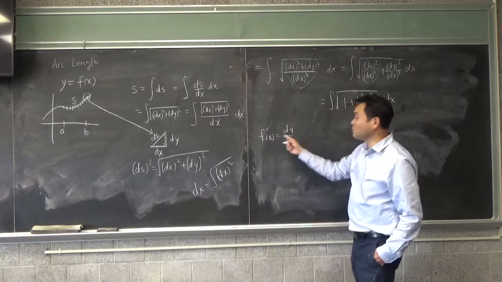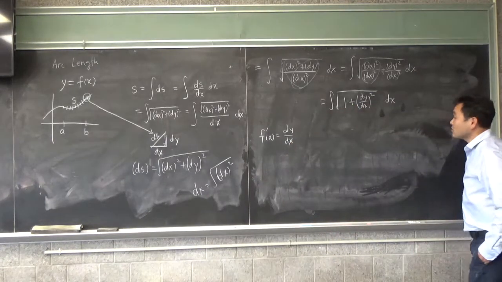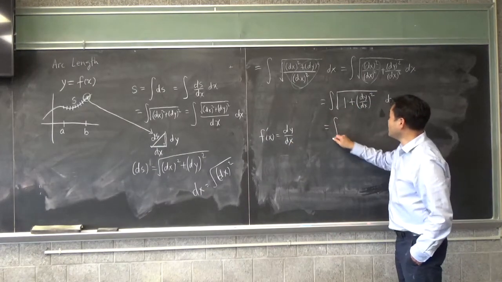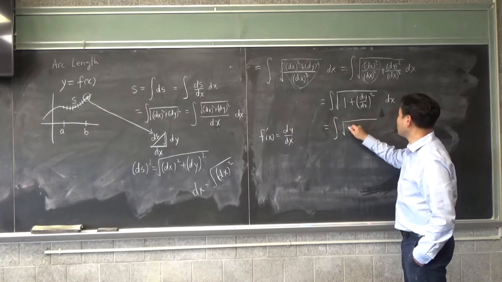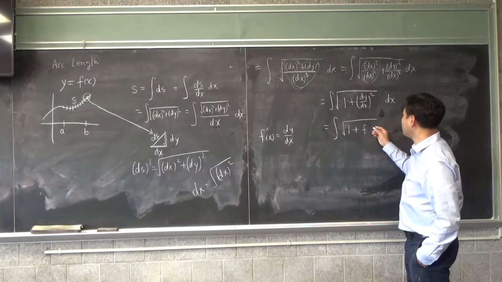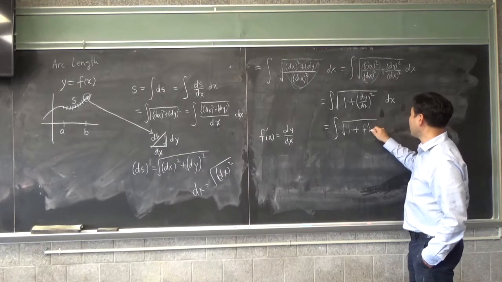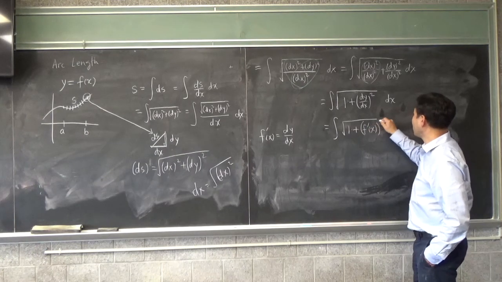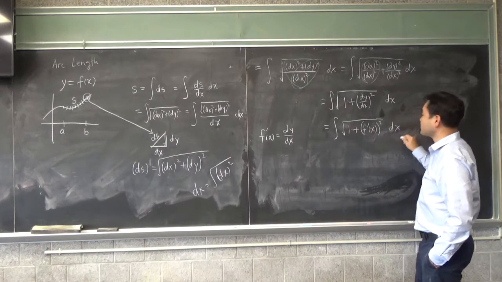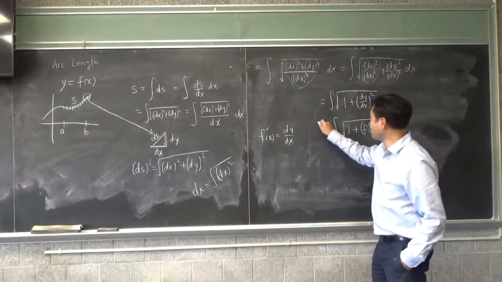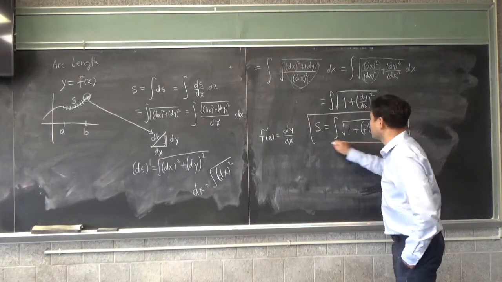So it's good to have both symbols. So this is really the integral of the square root of 1 plus f prime of x squared dx. And that's our formula. This is the arc length formula.